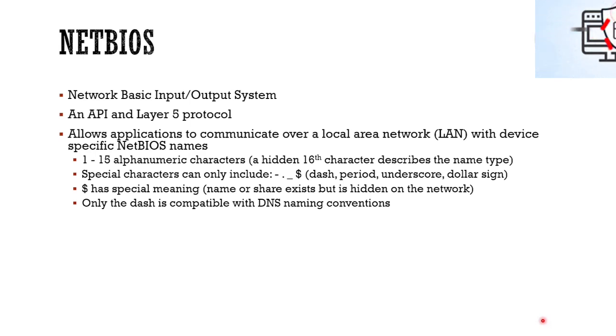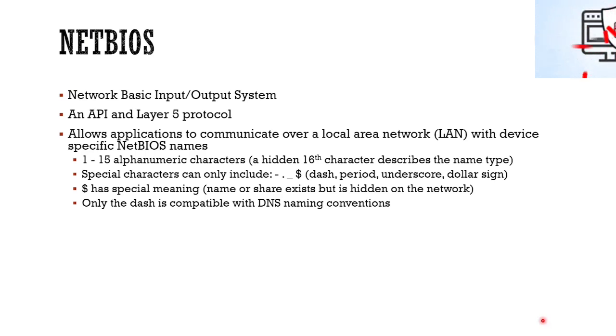The characters could be 1 to 15 in the name. There was a hidden 16th character in the name that would describe the name type, because the computer would have several of these names to indicate the different services that it offered. The only special characters you could have would be a dash, a dot, an underscore, or a $ sign.